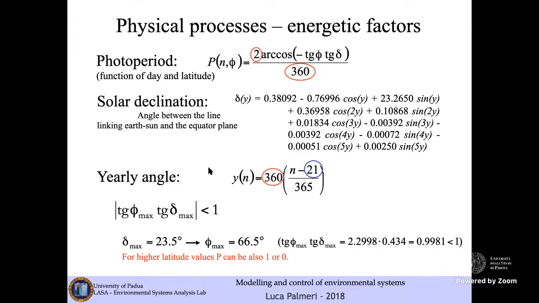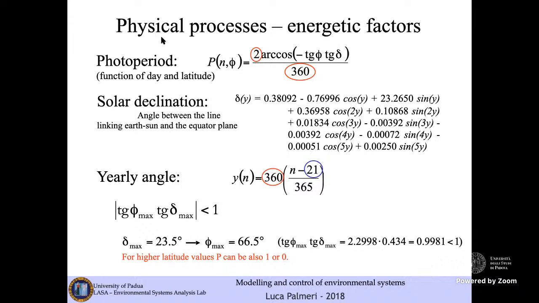for higher latitudes, meaning latitudes whose values are larger than the maximum possible latitude, we consider P, the photoperiod, to be 1 during summer and 0 during winter. As you know very well, for example in our hemisphere, the boreal hemisphere, at the poles during summer we have 24 hours of light, while during winter we have 0 hours of light.